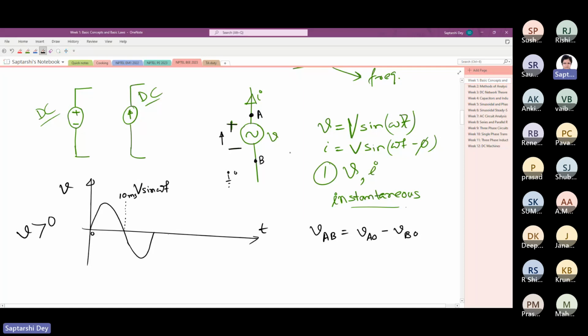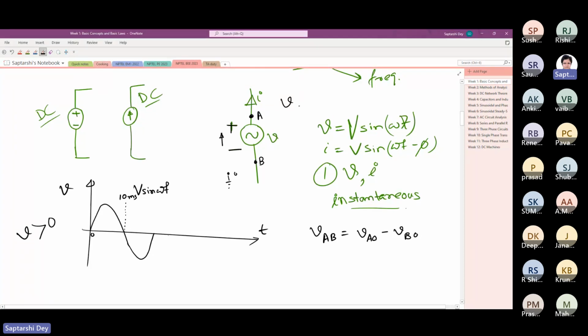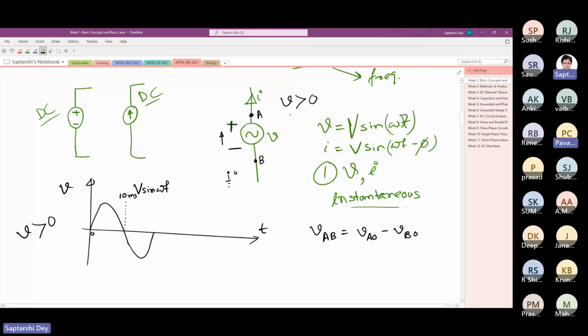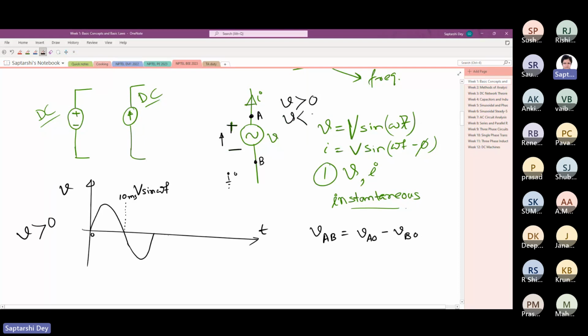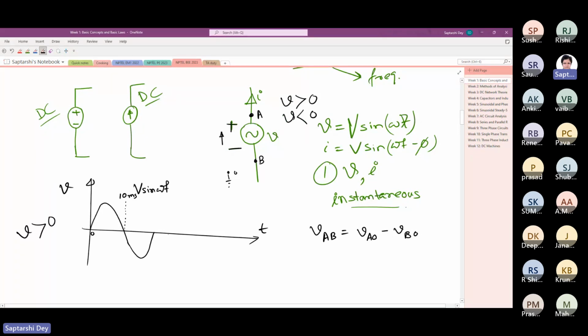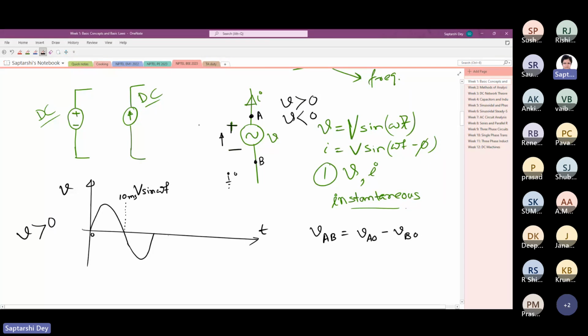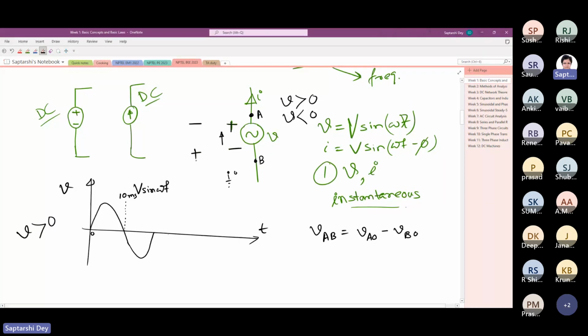So if I find that at some point of time V is positive, that means A is at higher potential than B. And if V is negative, that means B is at higher potential than A. Okay. So in this source itself, if you want to write minus here and plus here, you have to write V equals minus V sine omega t.